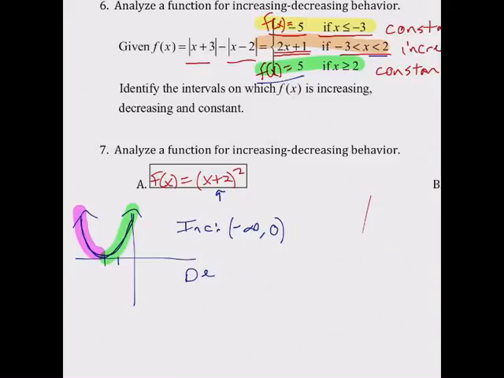Okay, how far back do we gotta go? Thanks for not holding your breath too long there. All right, increasing 0 to infinity. And then decrease? Dang it. Backing up again.